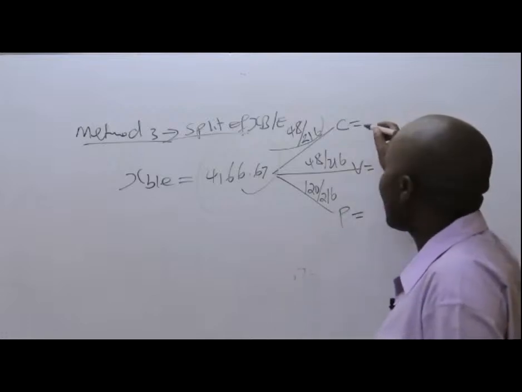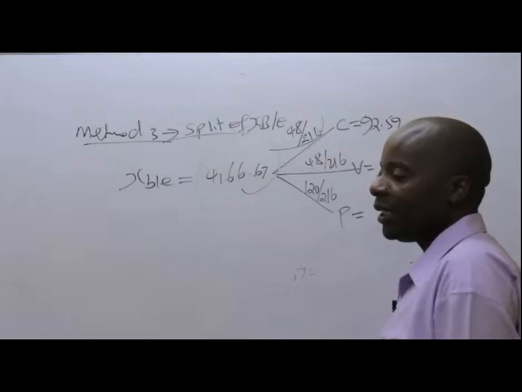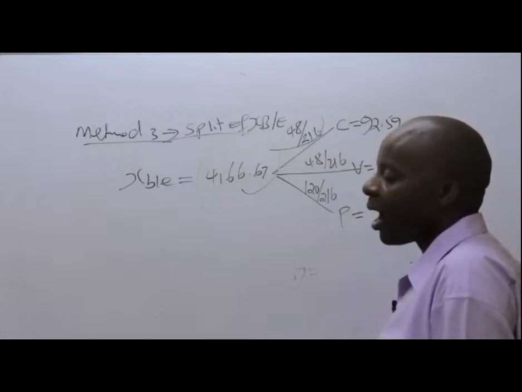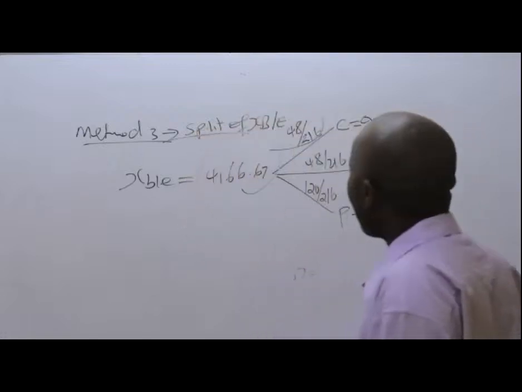Timothy has given me 92.59. Please go to V. V, what do we have here for V? 925.94.